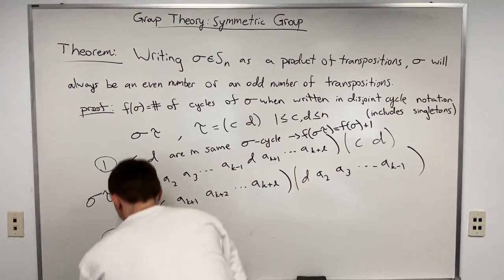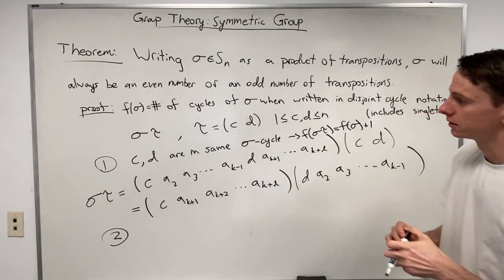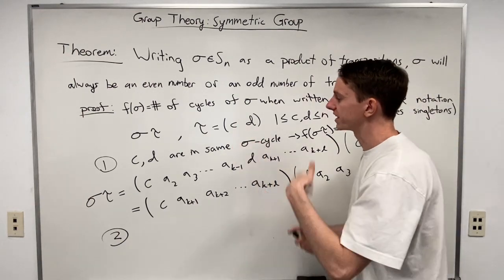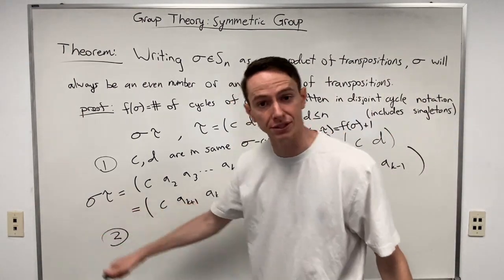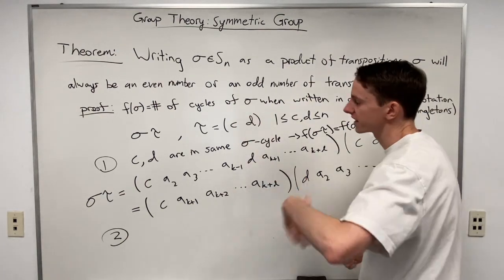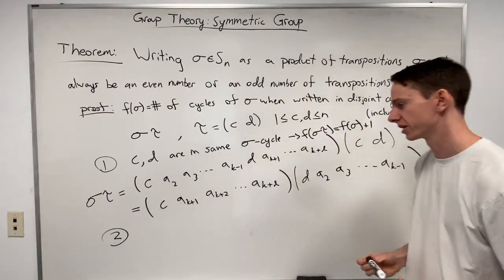So for the second case, let's remind ourselves, the first case is when these 2 numbers are contained within the same cycle within sigma. The only other possibility is if these 2 numbers are contained within different possible sigma cycles.